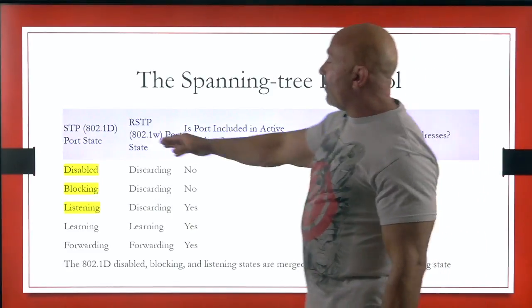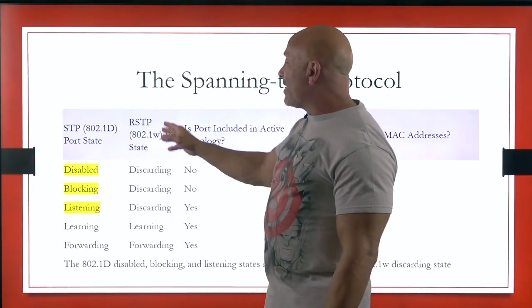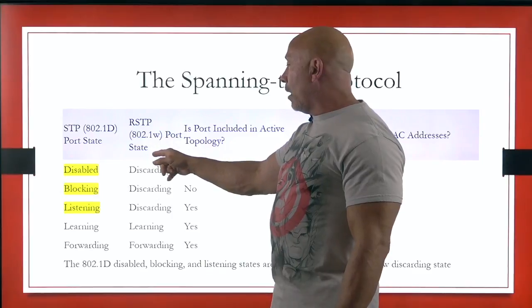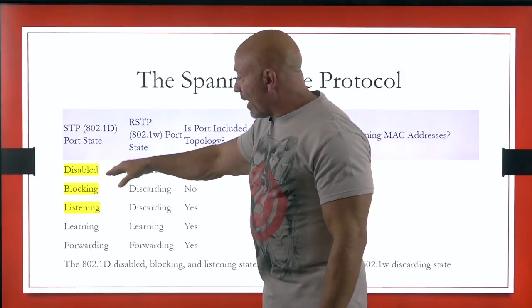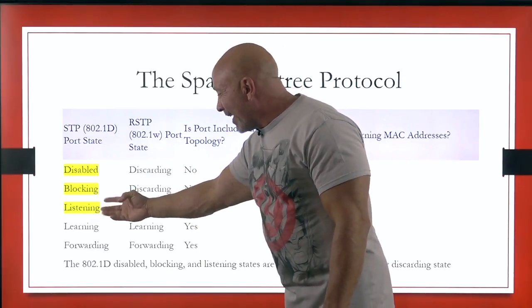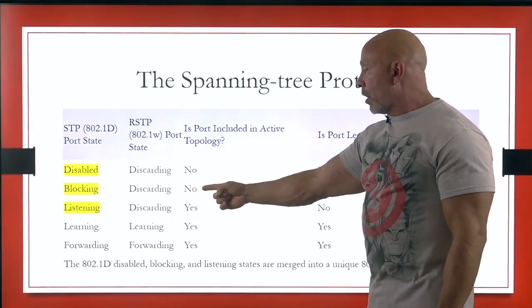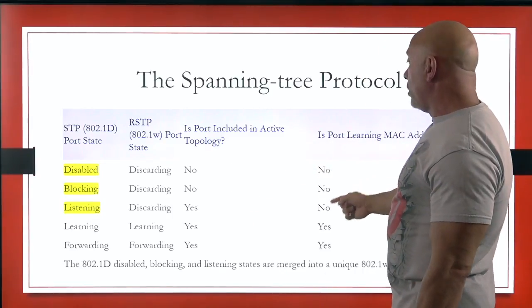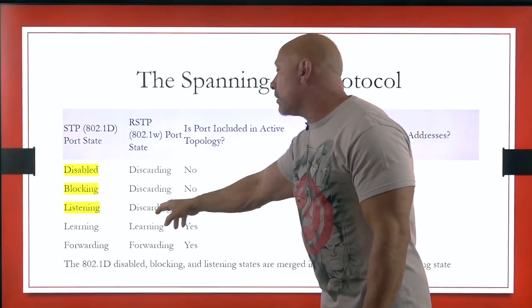You have a comparison between the 802.1D, the original, and the RSTP, and the port states, obviously. So for the port states for 802.1D, you see that you have disabled, blocking, and listening. They're highlighted for a purpose. You see here discarding, no, and here no, no. But once you get down to here, you see discarding, listening, yes.